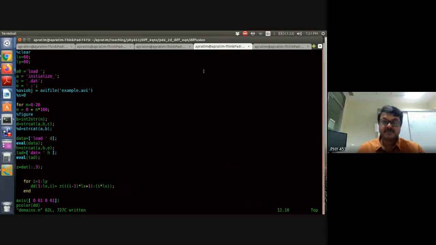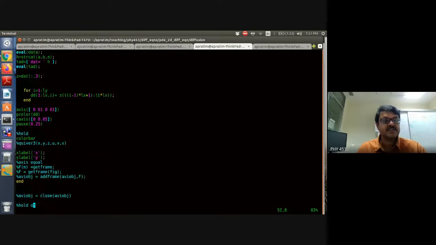Now suppose I want to slow it down so that you can see what happened initially. So I'm going to have a pause of 0.5 seconds, and the c-axis, which is the range of the color axis after things have spread out. At the moment, it's 0.05, but let me do it.